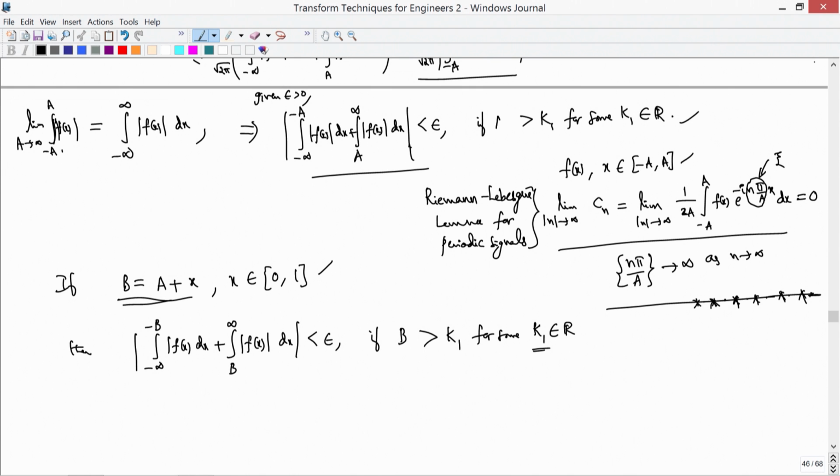So, I try to choose a plus 1 as here. If I choose a plus 1, this is what is true. So, both are the same, right.